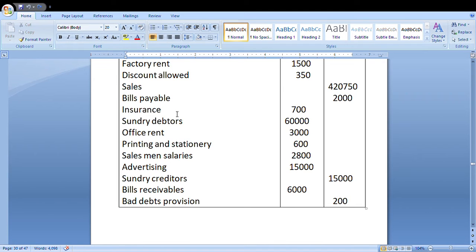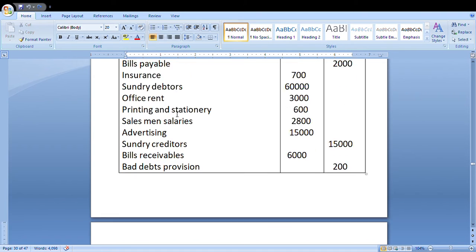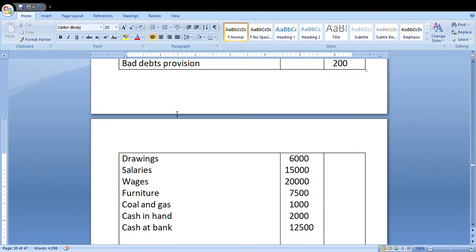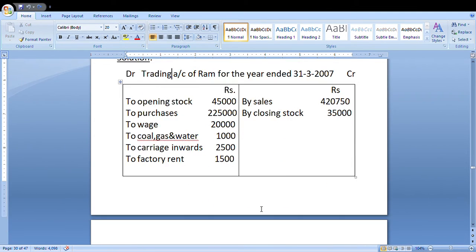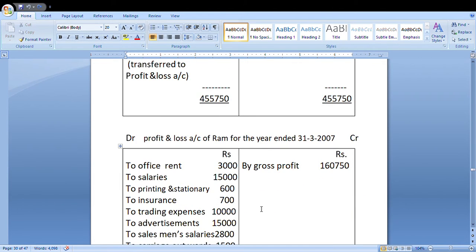Insurance. It is expenditure. Enter it in the profit and loss account. Insurance 700.